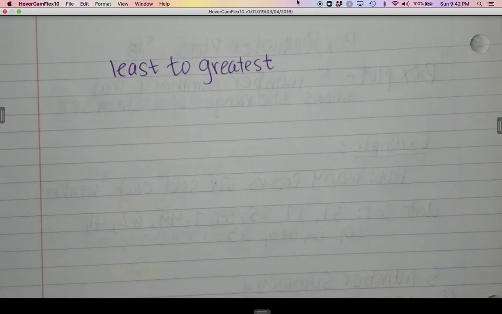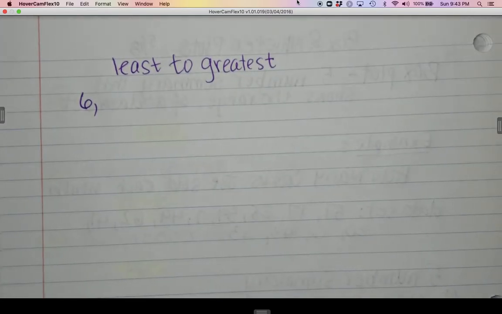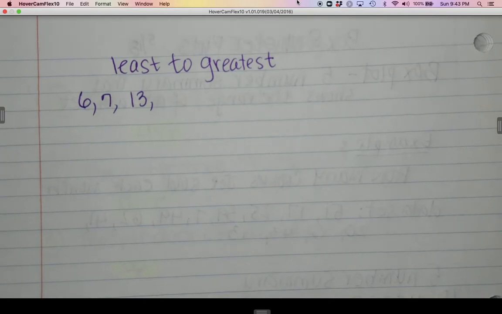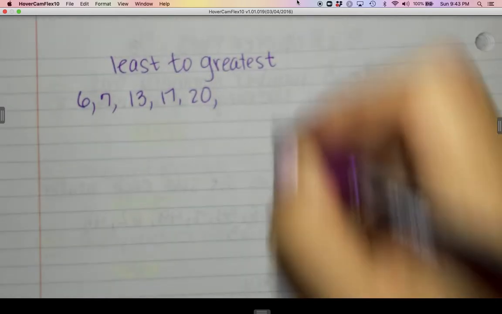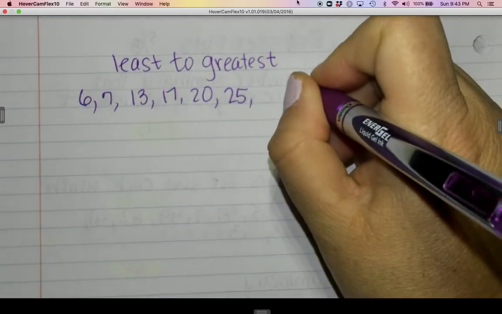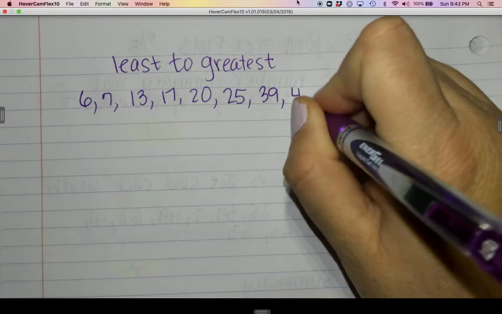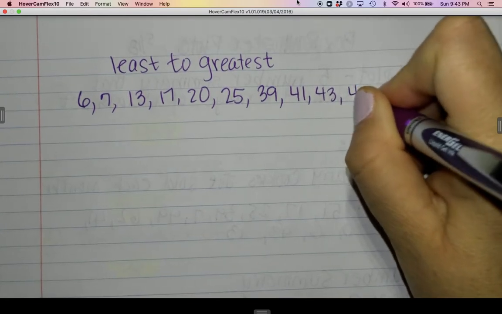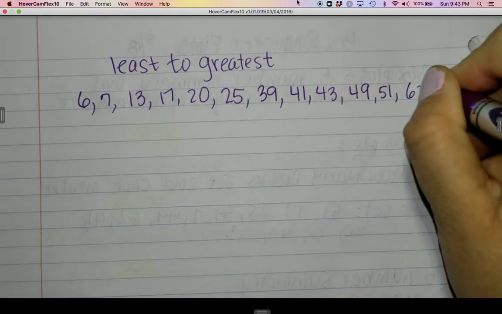So looking at the numbers, I have 6, then I have 7, 13, 17, 20, 25, 39, 41, 43, 49, 51, and 62 is my highest.